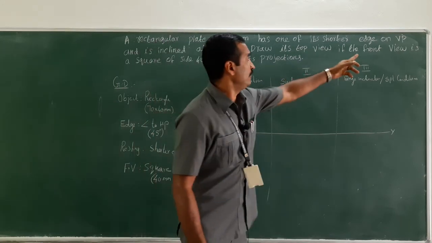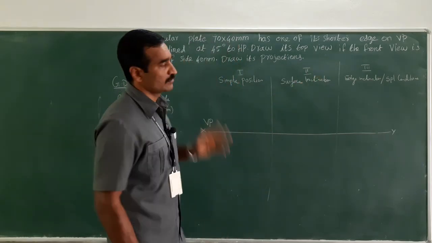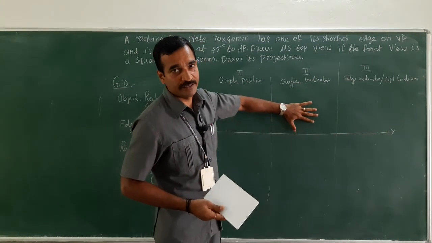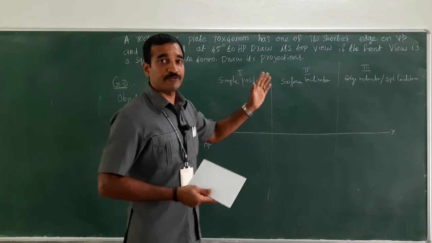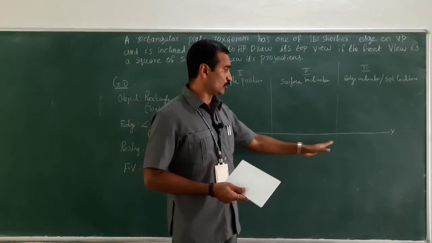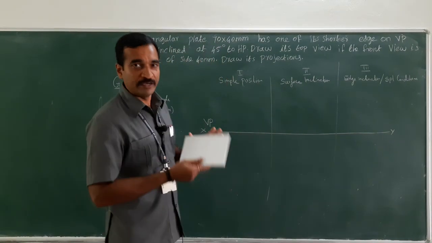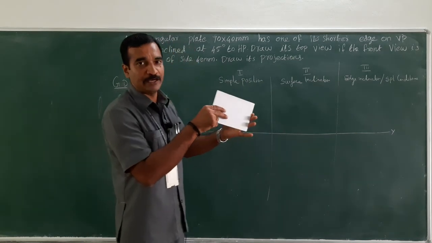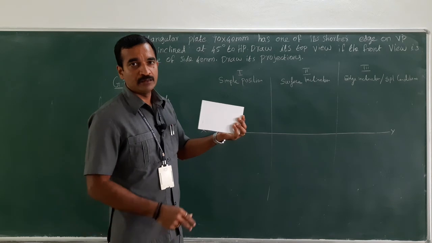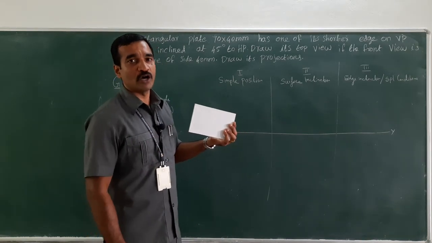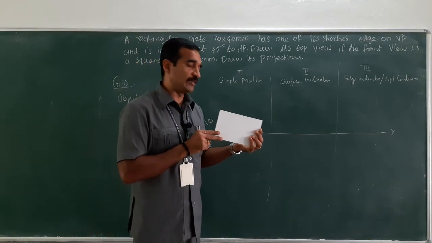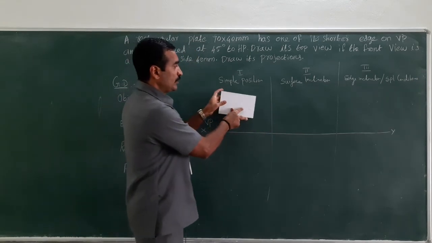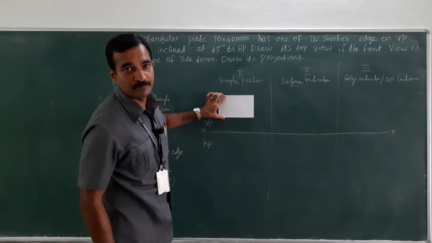So here the front view of a square is 40 mm. You will get a view on the VP. So the surface would be inclined to VP. When the surface is inclined to VP, the true shape will be drawn on VP. That's what I taught you. If the inclination becomes 0, you will see the true shape.